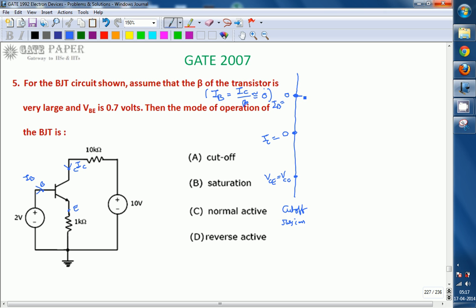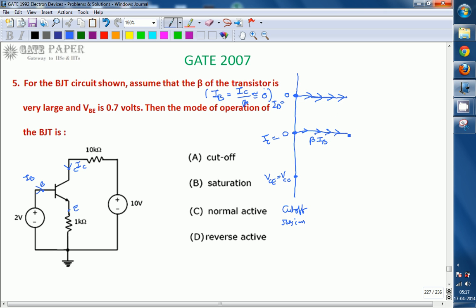Whenever the transistor comes into the on condition, IB starts flowing, and IC also starts flowing and increases. IC is equal to beta times IB. So IC and IB are related, and as IB increases, IC increases.